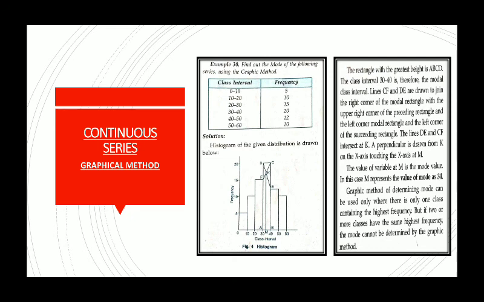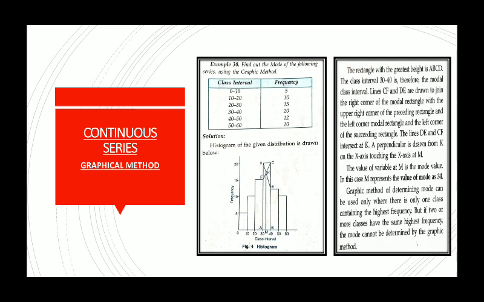Now after that, lines CF and DE are drawn to join the right corner of the modal rectangle with the upper right corner of the preceding rectangle, and the left corner of the modal rectangle with the left corner of the succeeding rectangle.